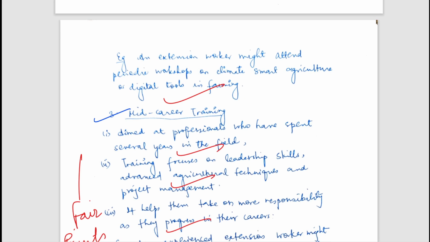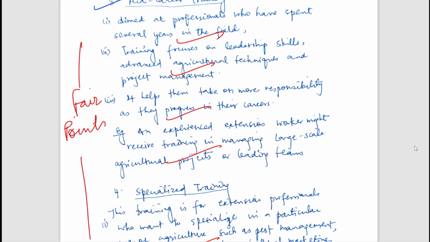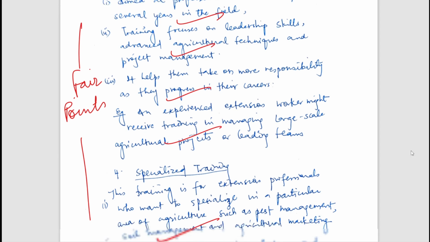Mid-career training is given because with time various new technologies are adopted in agriculture. Every day some new discovery is taking place, and with time in service they lack those new practices, so training has to be given at a particular time so that they can adapt to modern practices.